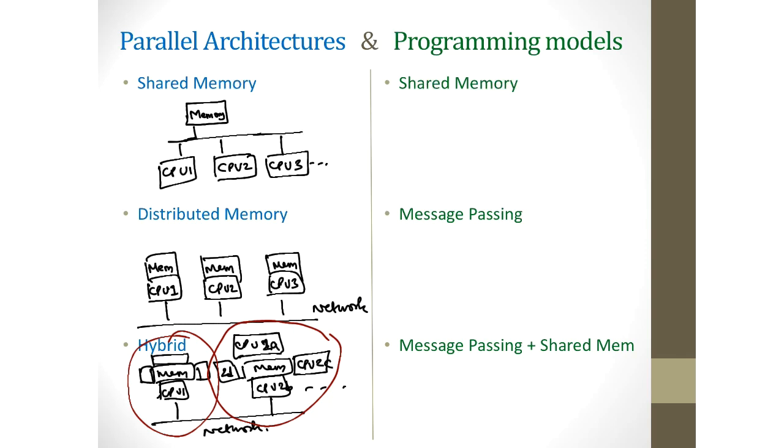Just as you have parallel architectures, there are different programming models to write code for these. There's the shared memory model, and what the shared memory model assumes is that there is one huge global address space. Think of it as the memory. So you assume that there is one global memory that is visible to all the processors or all the tasks.